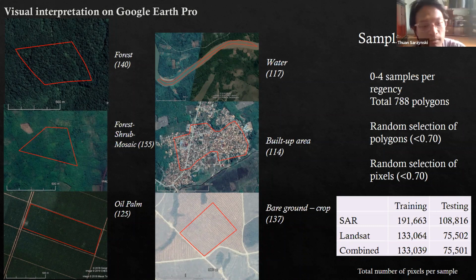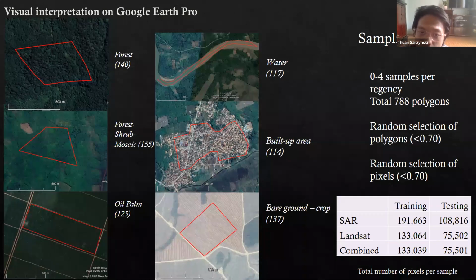And then we had oil palm, which was mainly industrial plantation of oil palm, like you can see here. And the water, the rivers, also the lakes, and then built-up areas, mainly cities, roads, towns, industrial areas, and the background crop, which was like any background which was not oil palm.